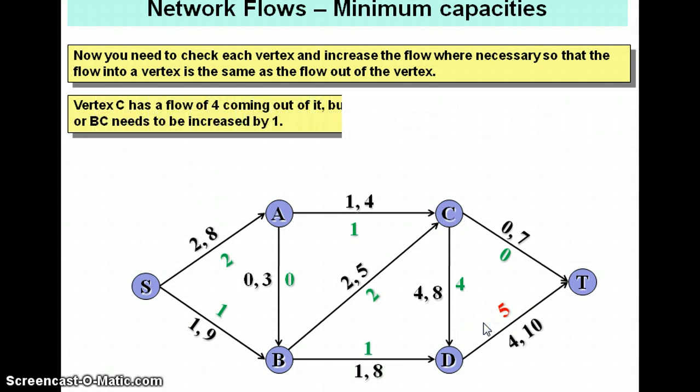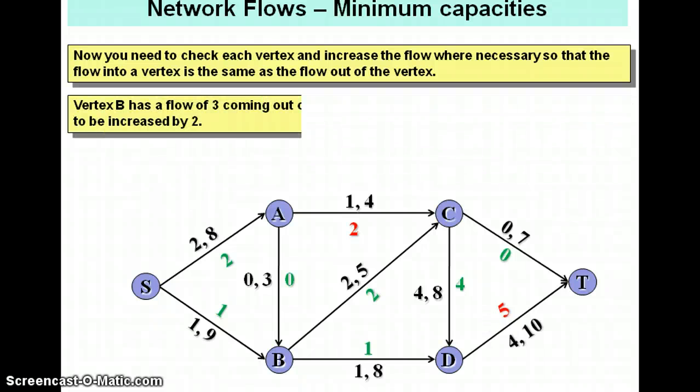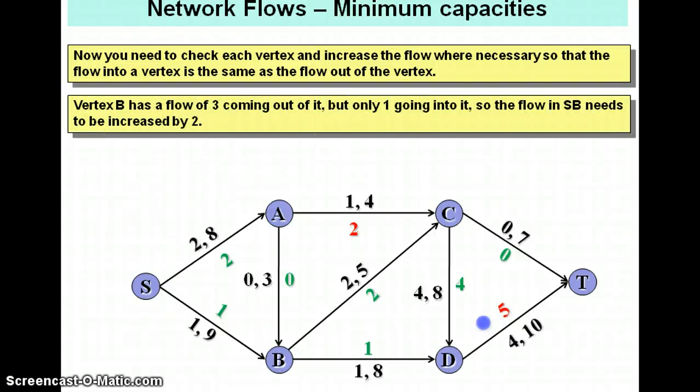And we will now work through the whole network doing the same thing. At C, as we'd already discussed, 4 coming out, 3 going in. So if we increase AC to 2, that will achieve 4 going into C. We do the same for B.